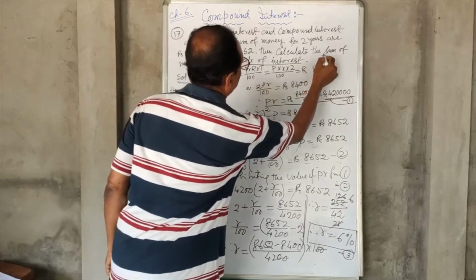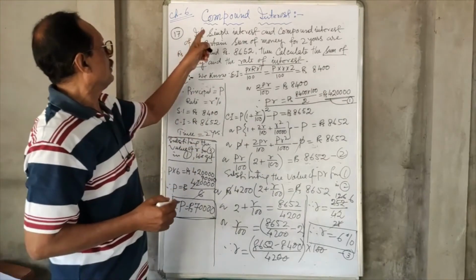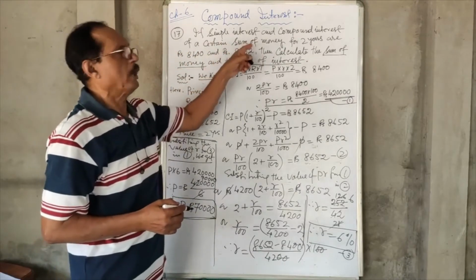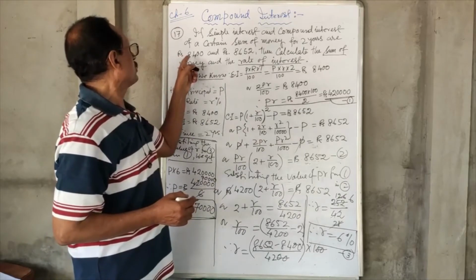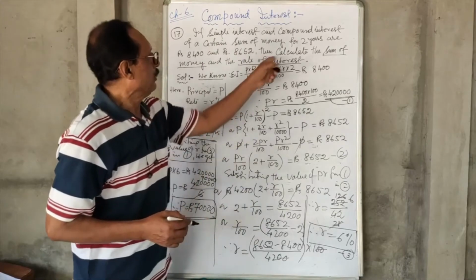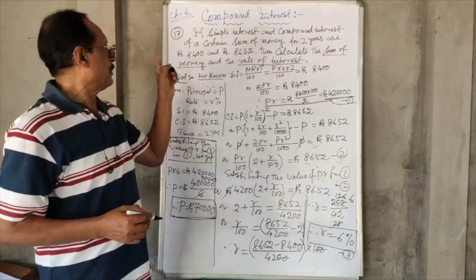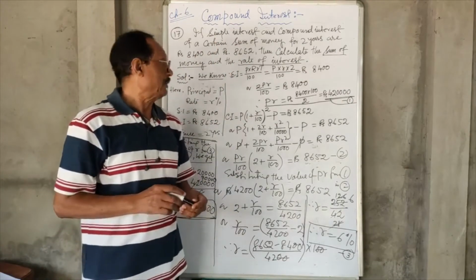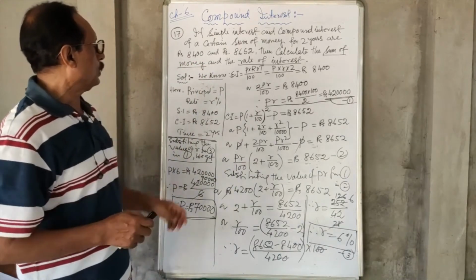In this problem, the simple interest and compound interest of a certain sum of money for 2 years are rupees 8,400 and rupees 8,652. How much sum of money was there, that means what was the principal, and what was the rate of interest in that transaction. To find it out, we will be using 2 formulas.